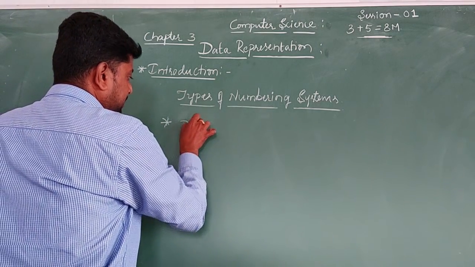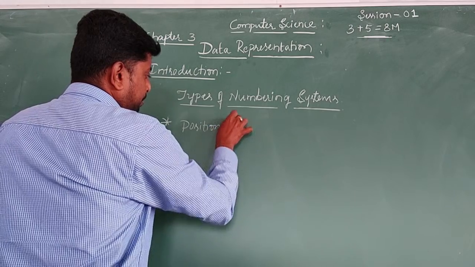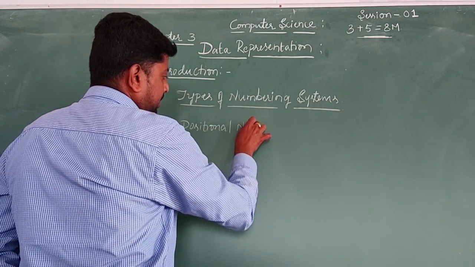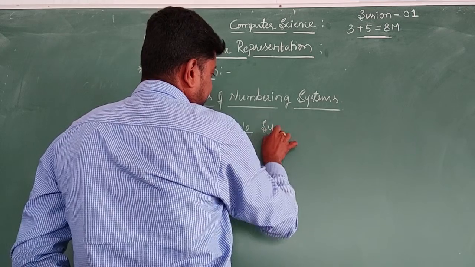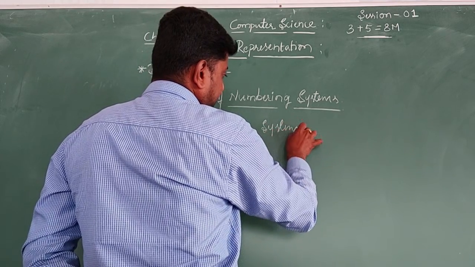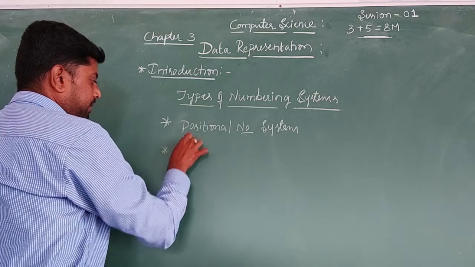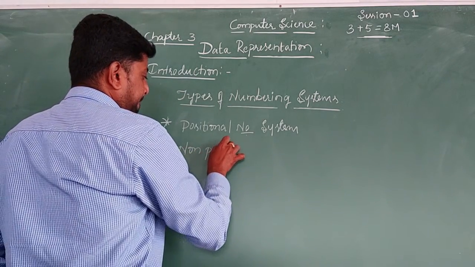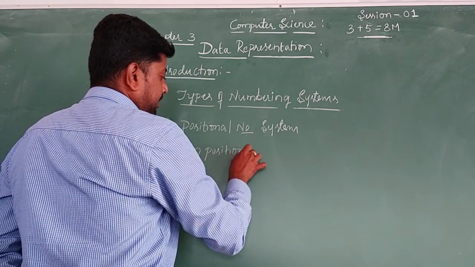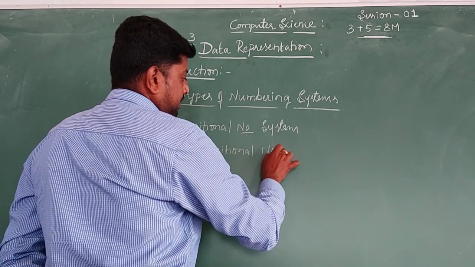One is positional numbering system, and the second one is non-positional numbering system.